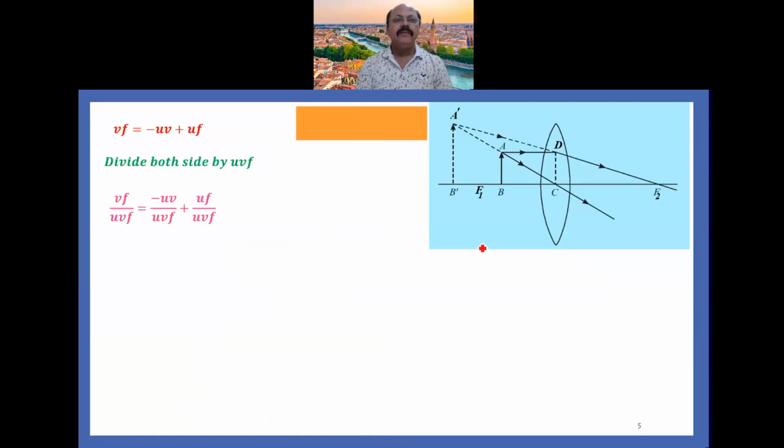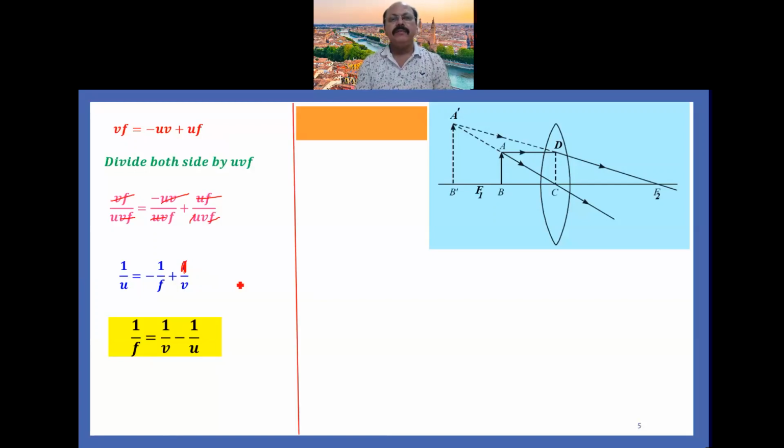Then you will get, this VF and this VF get cancelled, this UV and UV get cancelled, UF and UF get cancelled. So what you have? 1 upon U equal to minus 1 upon F plus 1 upon V. Now rearrange it. Then 1 upon F equal to 1 upon V minus 1 upon U.